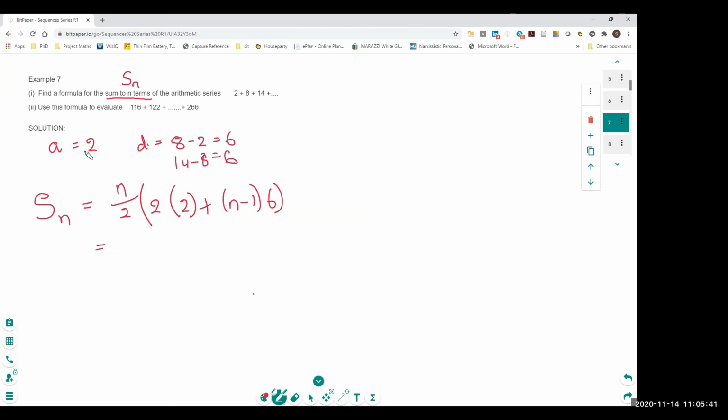And that's equal to n over 2 times (6n minus 2). So S of n is equal to n times (3n minus 1). And you could leave it at that, or you could multiply it in if you wanted to. Okay, so that's the answer to the first part.